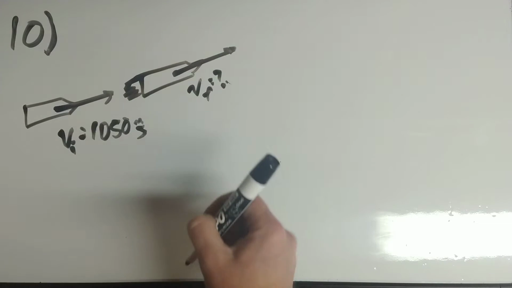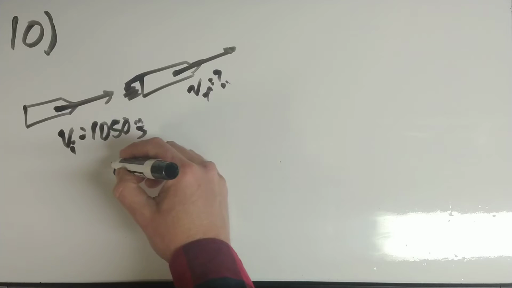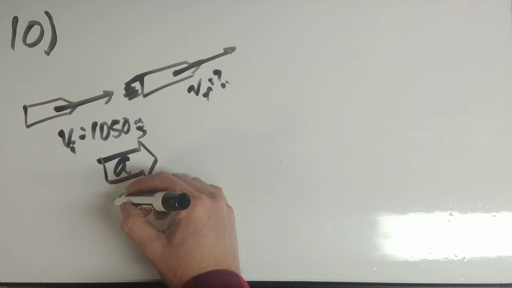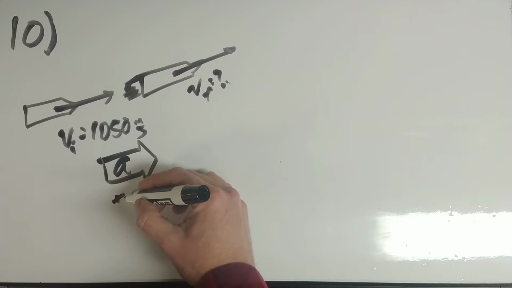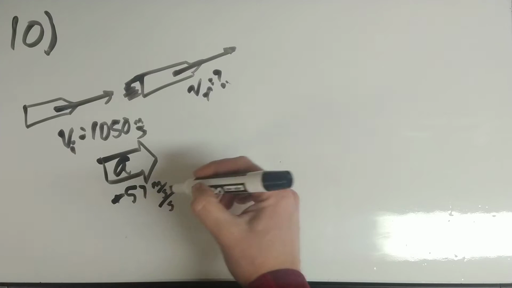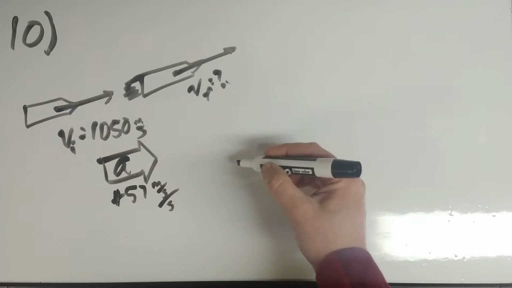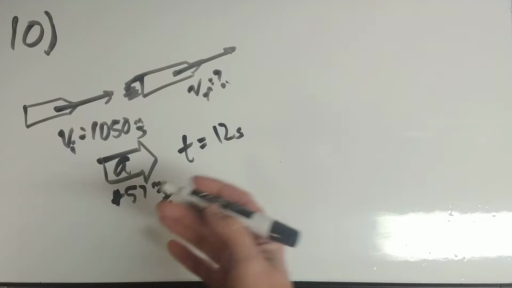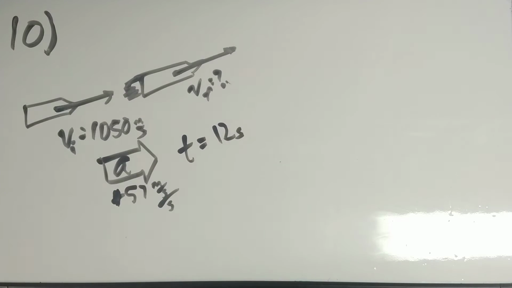So that's our unknown. I'm going to draw a blocky arrow for acceleration at a rate of positive 57 meters per second squared, and it does that for a time of 12 seconds. So that's what the sketch of the problem looks like.